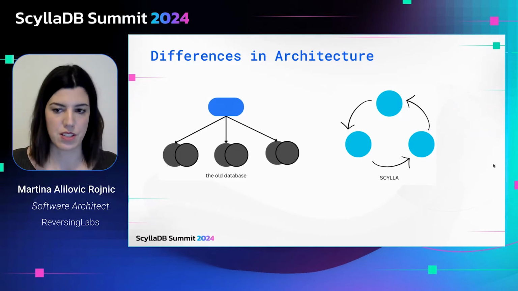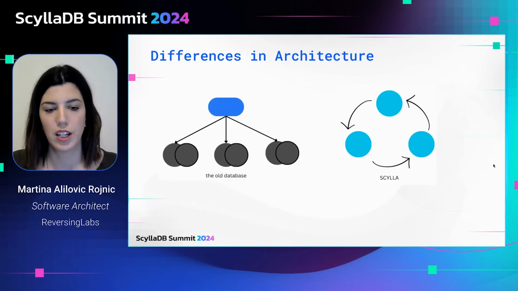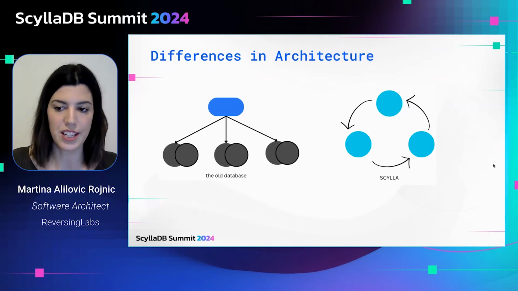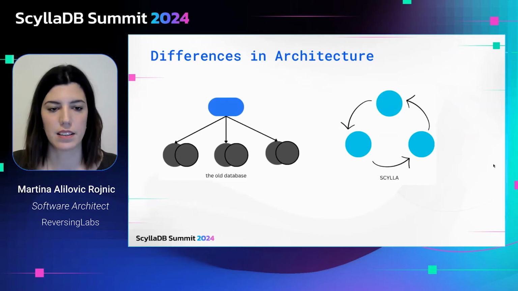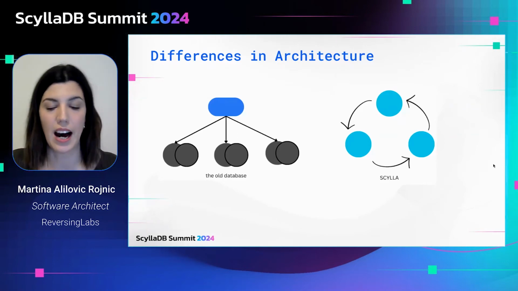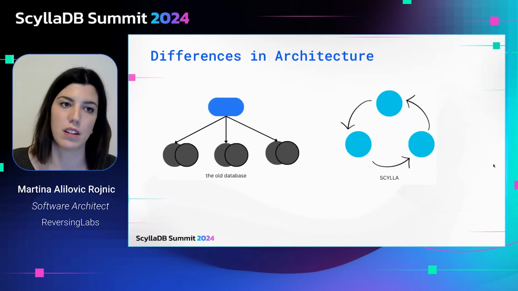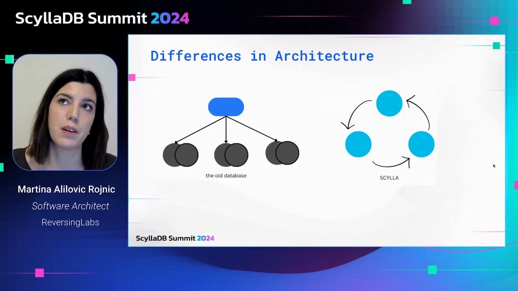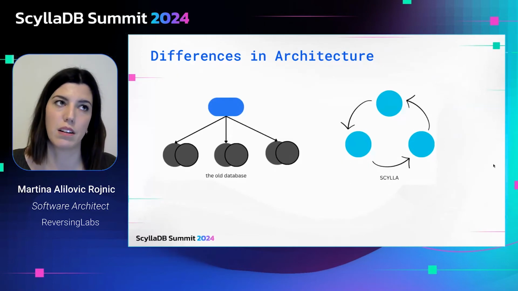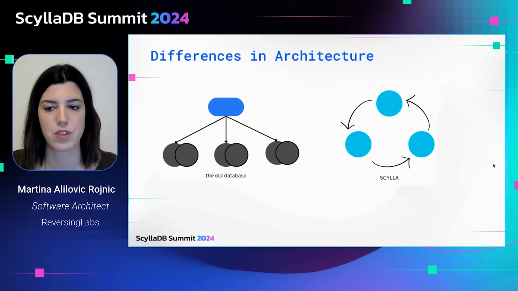Scylla, on the other hand, has this famous ring architecture, which is leaderless, and the differences in architecture implicitly impose some differences in data structure and how the model should be built. So, for example, we had different requirements, perhaps better to say different optimal partition sizes and so on.